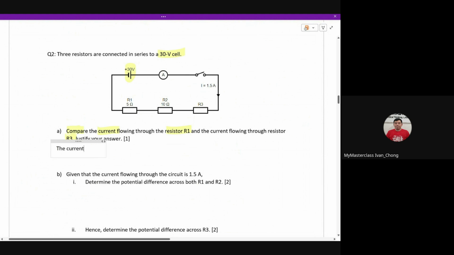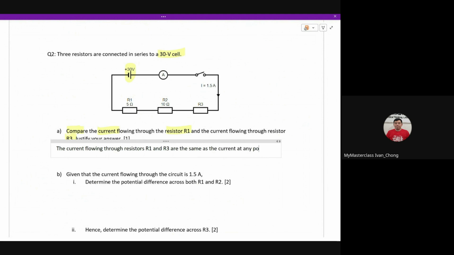The current going through resistor R1 and R3 are the same, as the current at any point in a series circuit is the same.